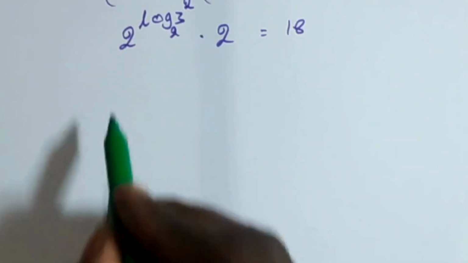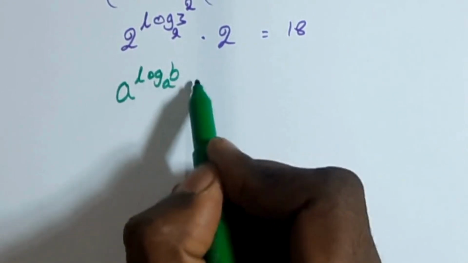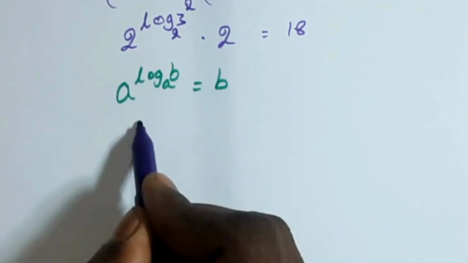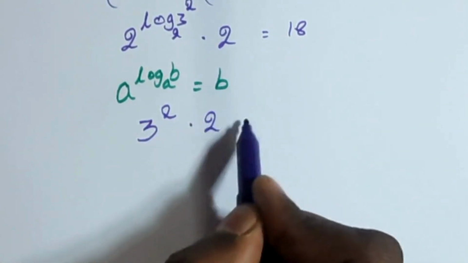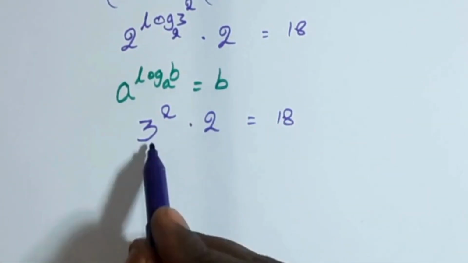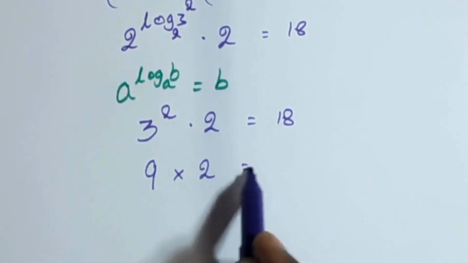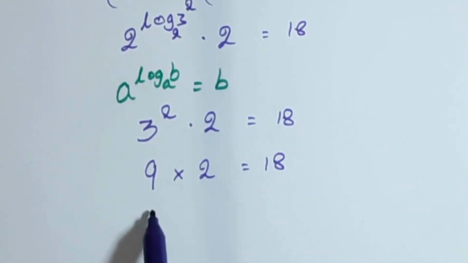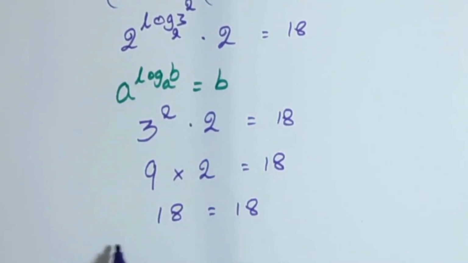You know the formula that a power log b base a equal to b. 3 to the power of 2 into 2 equal to 18. 3 to the power of 2 is 9 into 2 equal to 18. So 18 equal to 18. LHS equal to RHS. Thus verified.